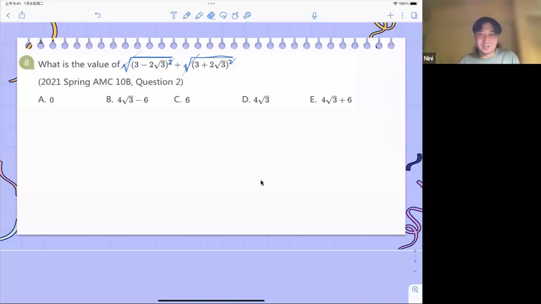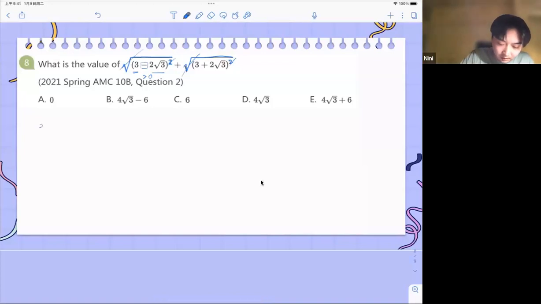This is not okay. Of course, not okay if you remember our comparison question, because we also need to compare 3 and this one, right? Because this is a minus symbol, we need to make sure this part inside it is larger than 0. Or if it is not larger than 0, we need to take the absolute value, right? So for this case, we need to do the comparison first.